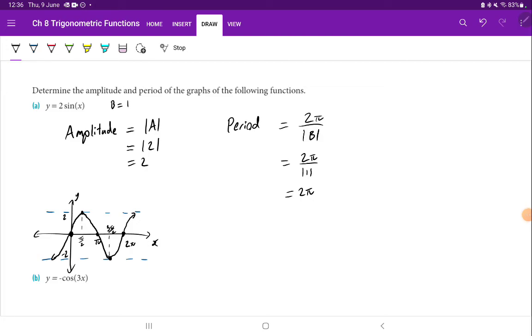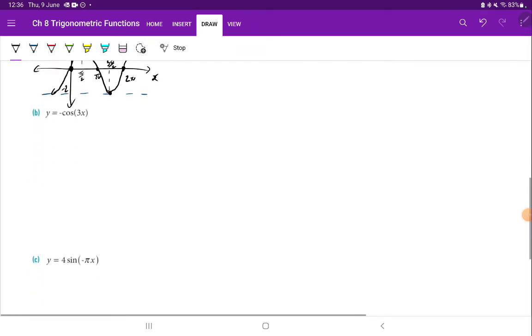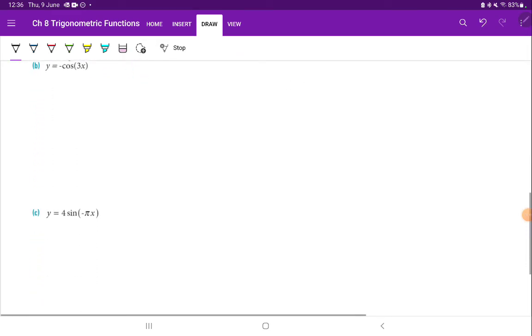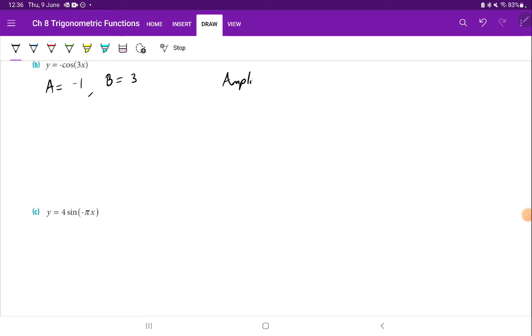Alrighty, let's have a look at the next one. So the next one is going to be negative cos of 3x. So the a value in this case is -1, and the b value is equal to 3. So the amplitude is going to be the absolute value of a, which is just 1. The absolute value of -1 is 1.